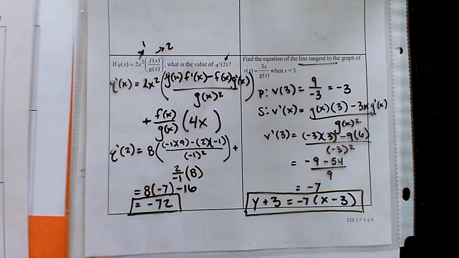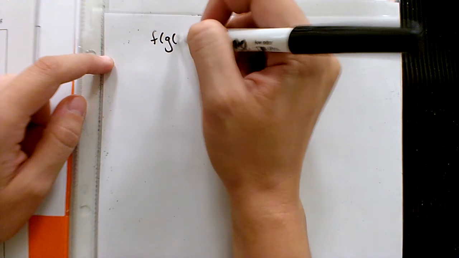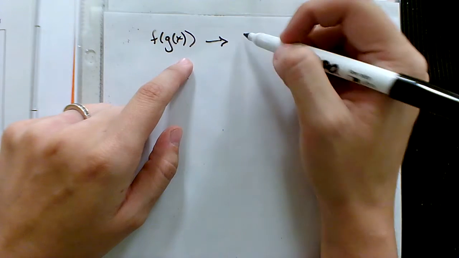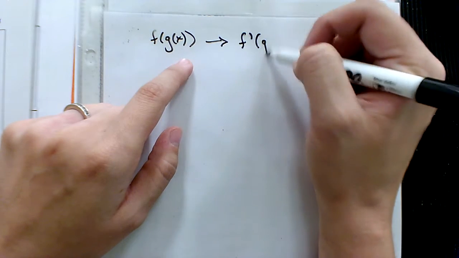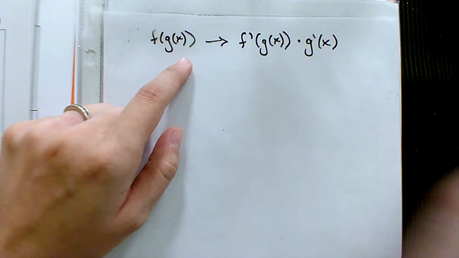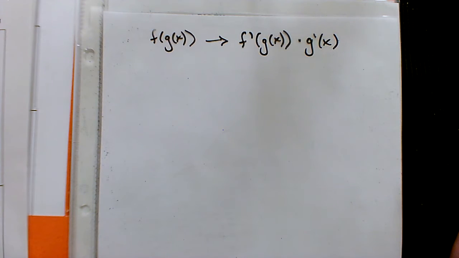There was someone who on the responses said that he thought of his own phrase to help him with it, and I'm not sure if it's going to help. But if we have one function inside of the other one, the chain rule process was the derivative of the outside, keep the inside, times the derivative of the inside. So he did something similar, like when I say 1d2 plus 2d1, where the d normally means derivative.